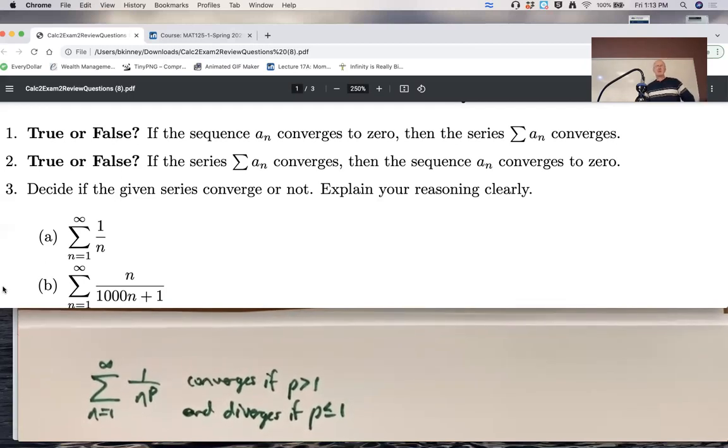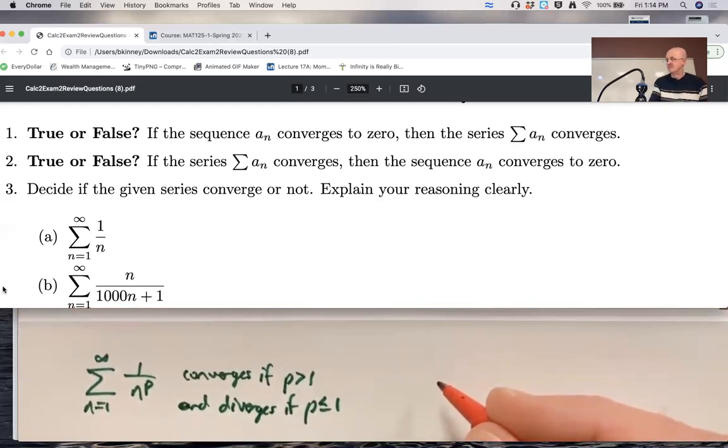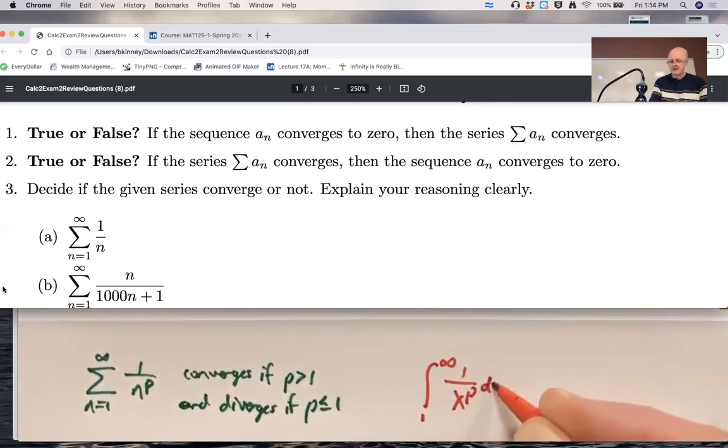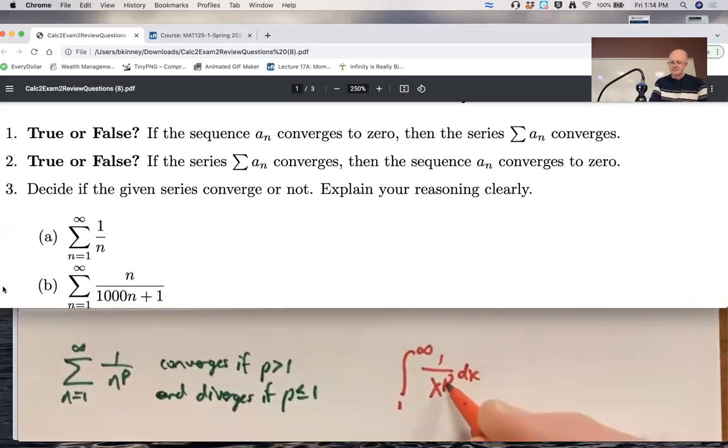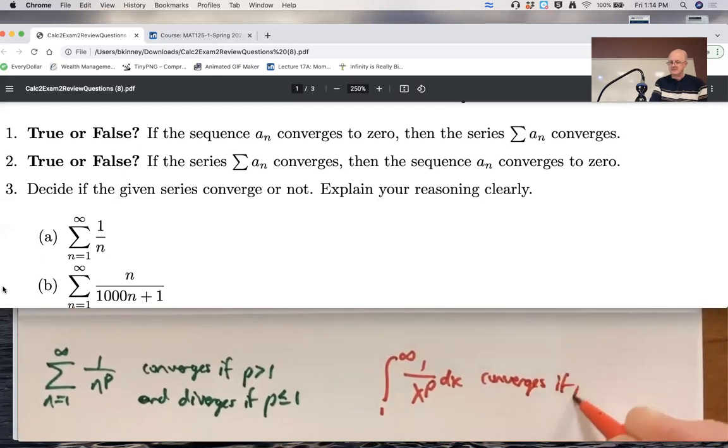If I asked you to prove that, I'm not in any of these problems here, but if I did on your test, you'd want to prove it with the integral test. You'd want to consider the improper integral from 1 to infinity of 1 over x to the p and see that this converges as an improper integral if p is bigger than 1 and diverges if p is less than or equal to 1.